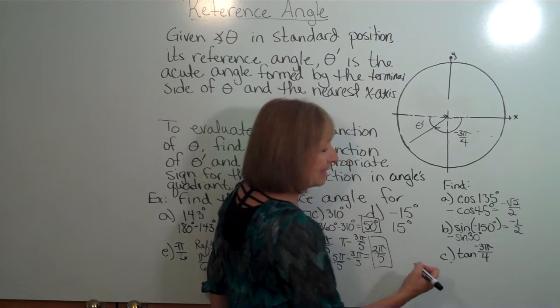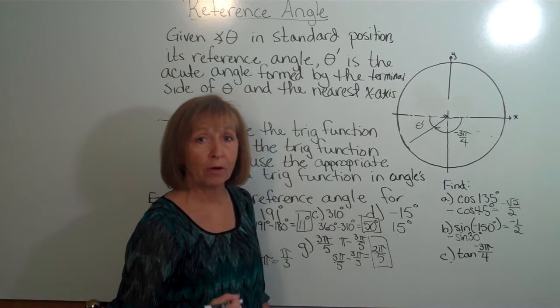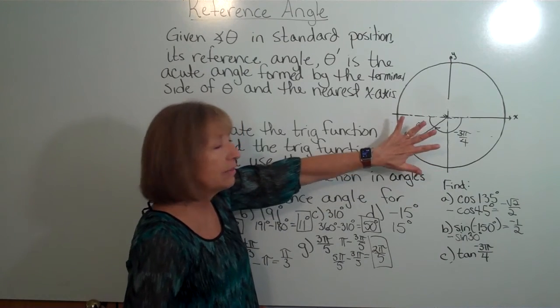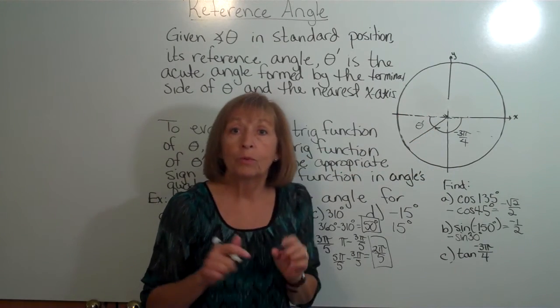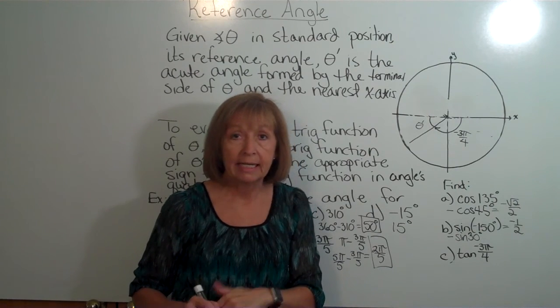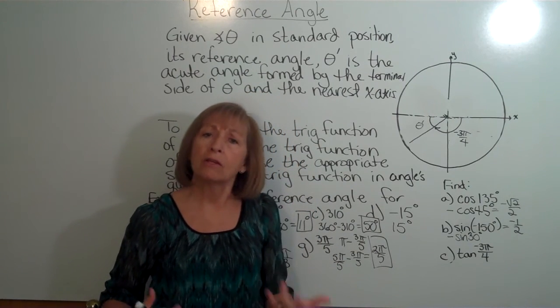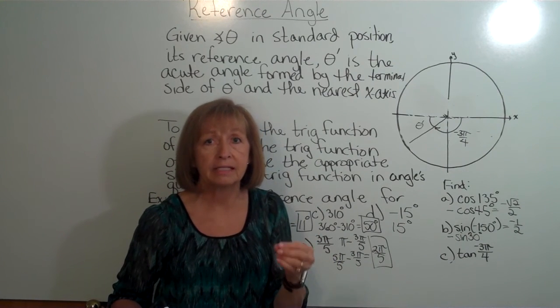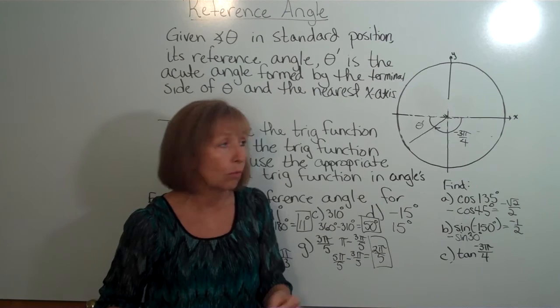So this is going to be the same as the tangent of pi over 4, and then I still have to think about the plus or minusness of tangent in the third quadrant. Well, remember, tangent is the y coordinate divided by the x coordinate. So I have to think, what would the overall sign be of taking the sign of the y coordinate divided by the sign of the x coordinate?